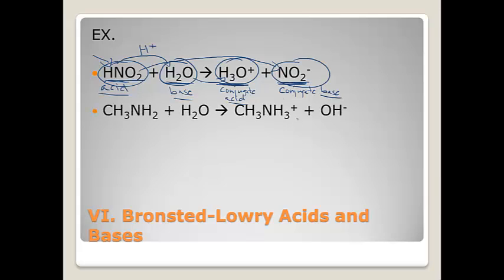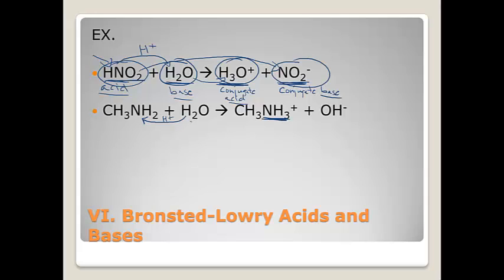Okay, let's look at something else here. Now this substance here, you look at it and you go, I don't know what that is. Doesn't look like an acid or a base. But let's look and see what happens. It produces this ion here. How did that happen? Well, the water had to donate an H+ to this.